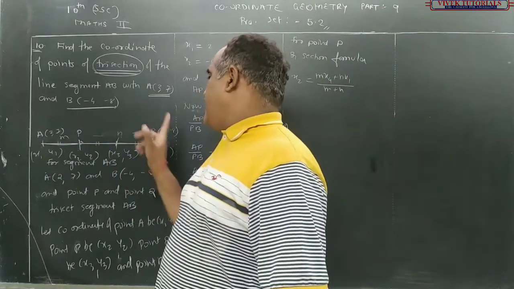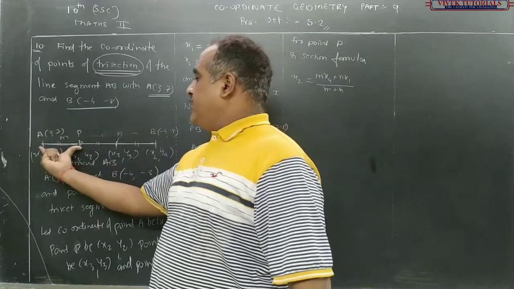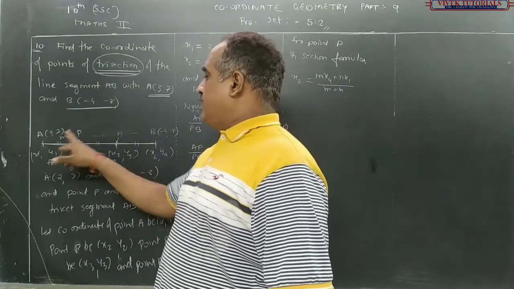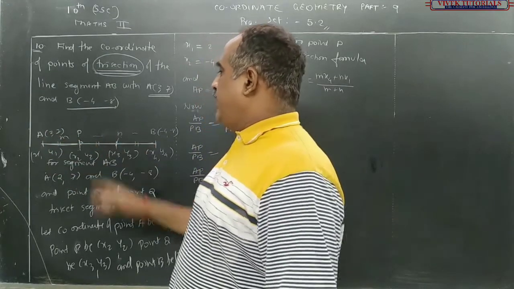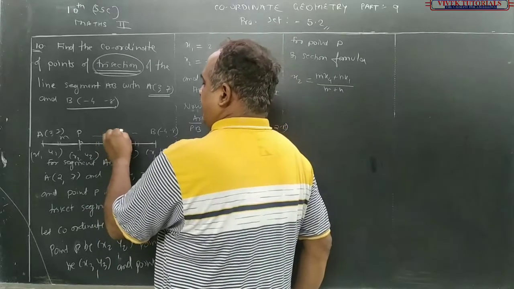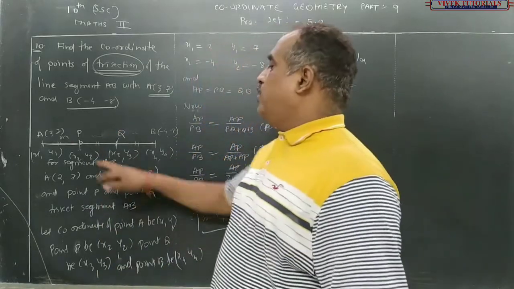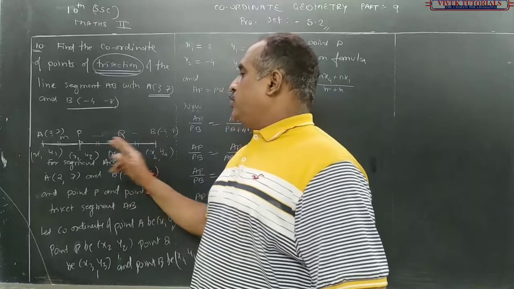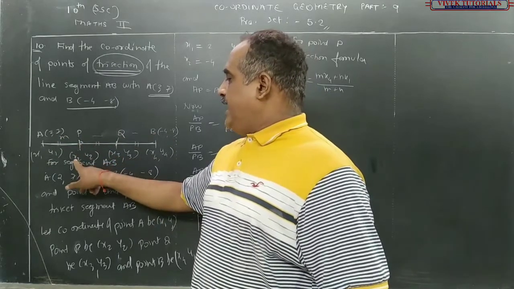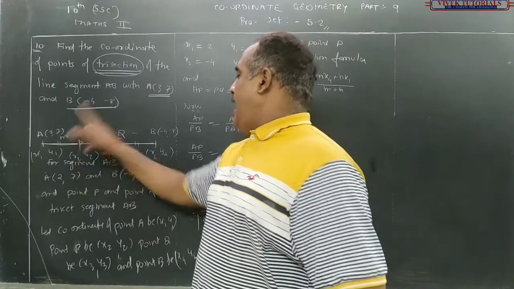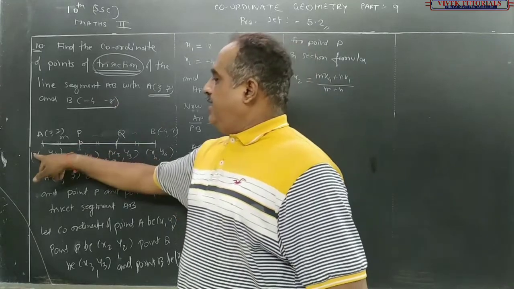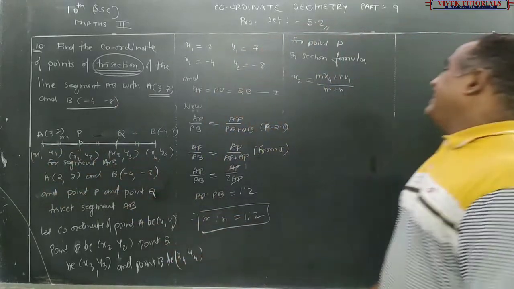We know the value of A and B. So we are going to have AP and PB. Ratio कितना है, 1:2. Now forget about point Q. Is it right? Forget about point Q. We are going to consider only AP and PB. तो ratio क्या रहेगा, 1:2. तो x2 is equal to m x4 plus n x1 upon m plus n. It is like that. Okay.